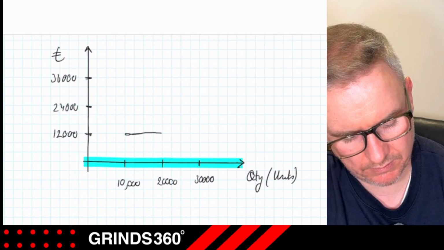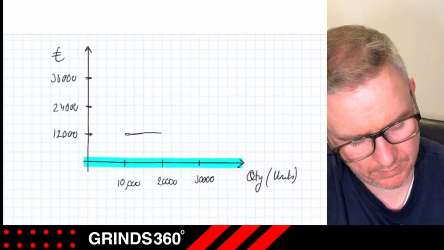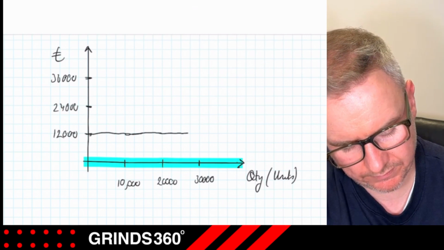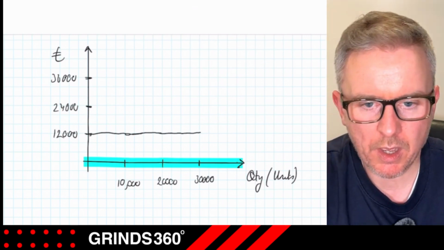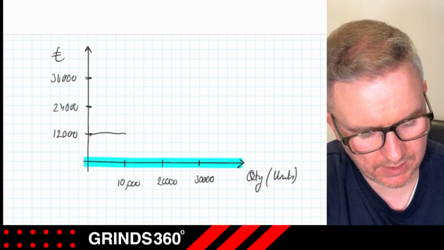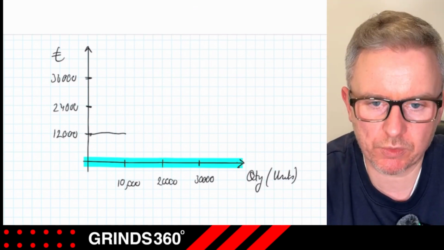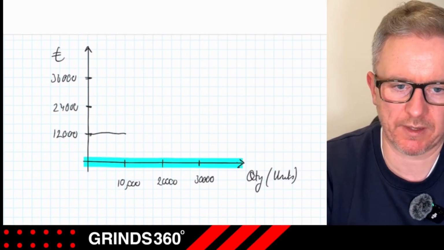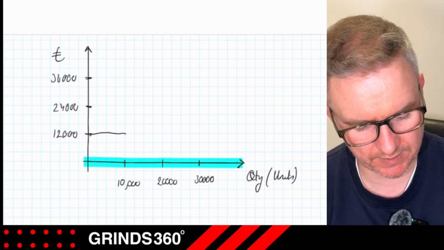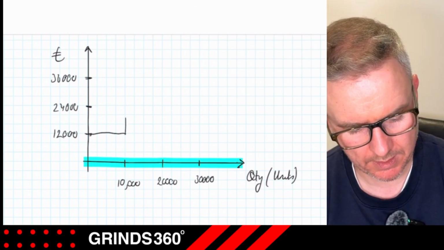The 10,000 units is coming in. Now in an ideal world, you'd love for that to keep going. But what happens is we exceed the 10,000. The minute you go over the 10,000, you can't produce 10,001 in there. So what happens is you have to rent a second space.